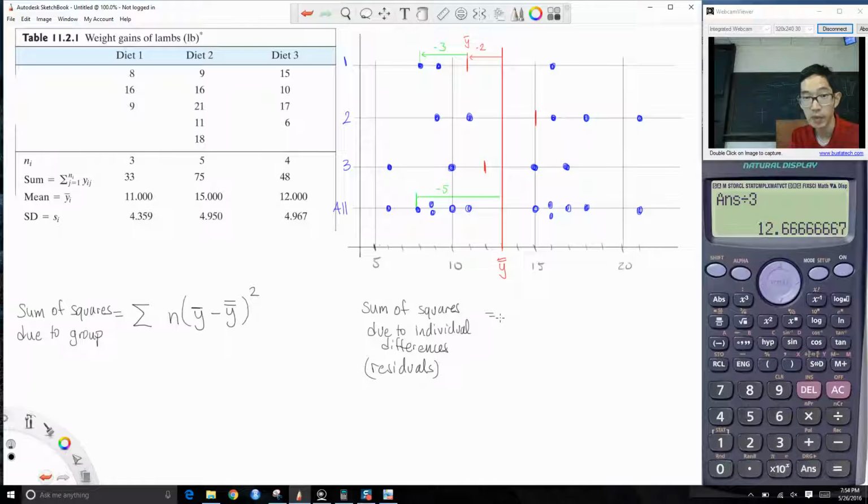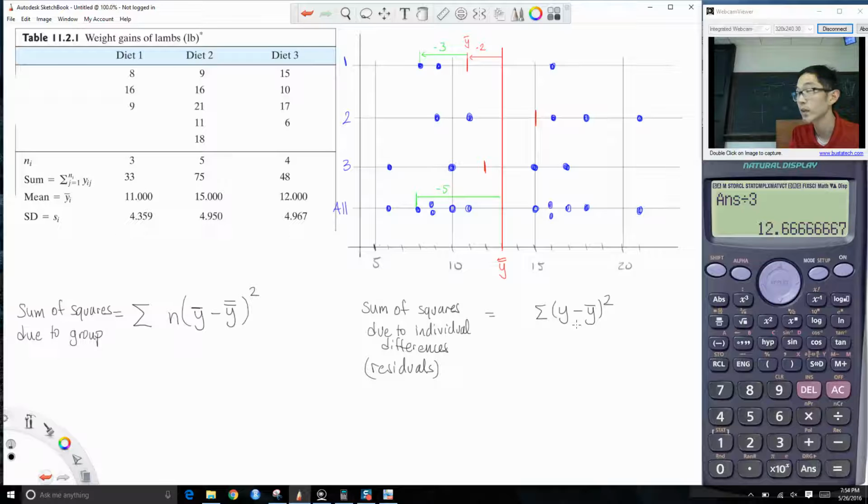Okay, and so here we would say, okay, now that we've accounted for the fact that the group means are different from the grand mean, there's still a difference between individual data points and their group means. So it would be y minus y bar, and we would square this, and then we would have to do this for all of the data points within that group.